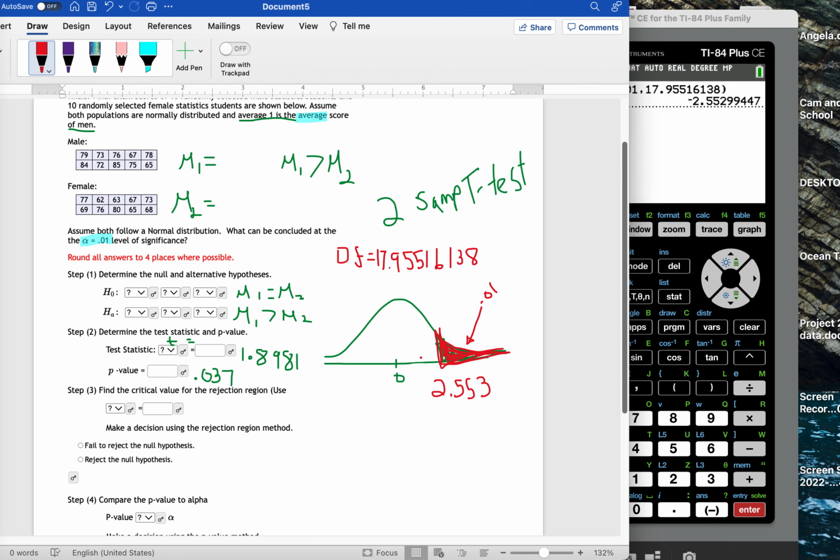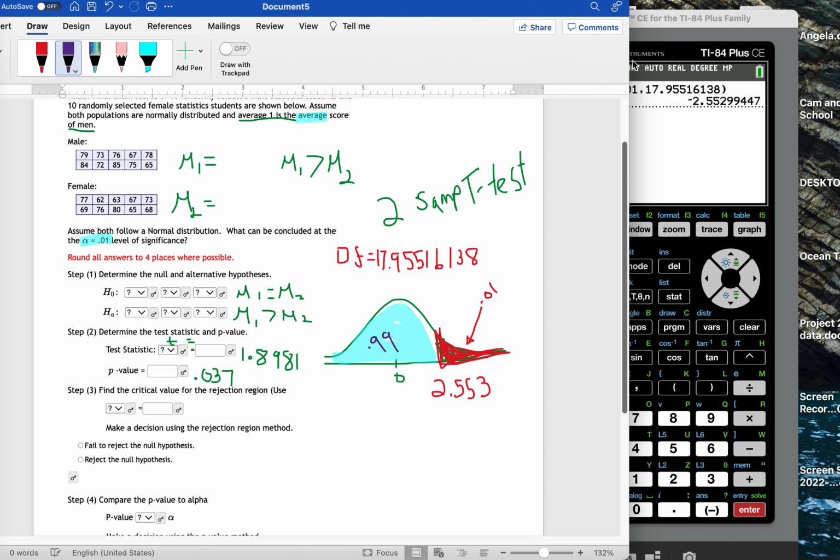Another food for thought, if that's confusing on keeping track of if it's negative or positive, remember the calculator does the area to the left. So if I want to find this cutoff point using the area to the left, since I know that this area here is 0.01, this area here has to be 0.99. That's the area to the left.